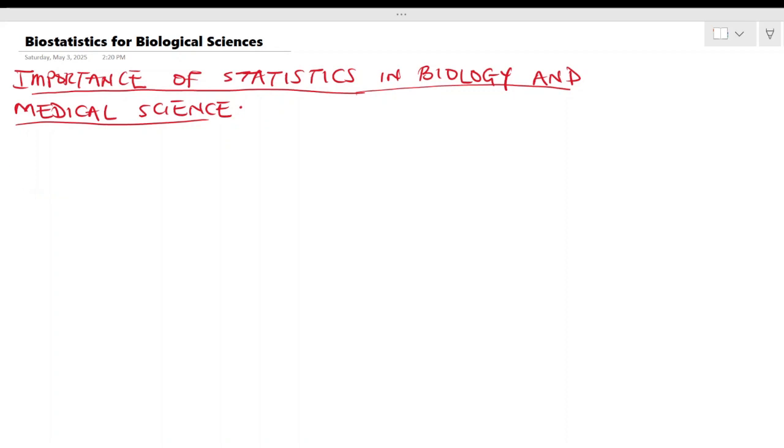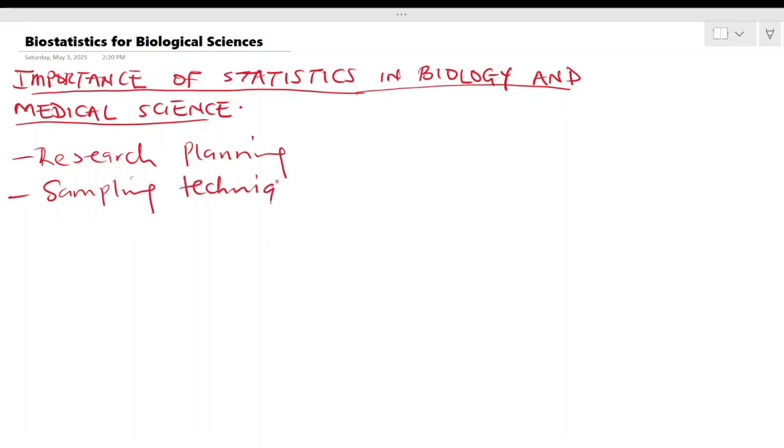Its importance begins from, one, the research planning. So from this point, you begin to look at statistics in the research planning. Two, you have sampling techniques. Then you also have experimental design, which could also be used as your sampling technique.